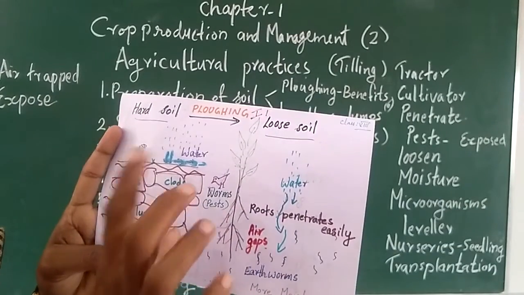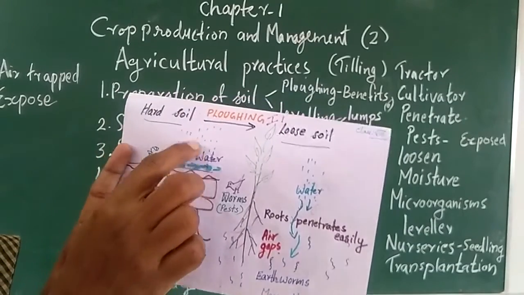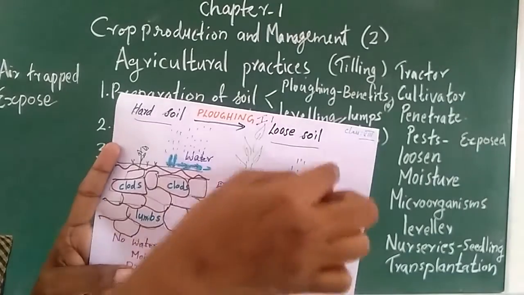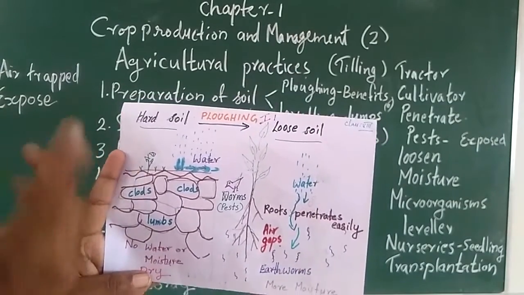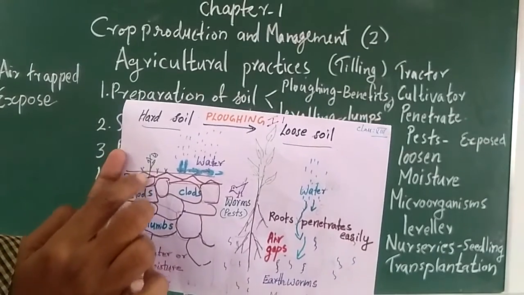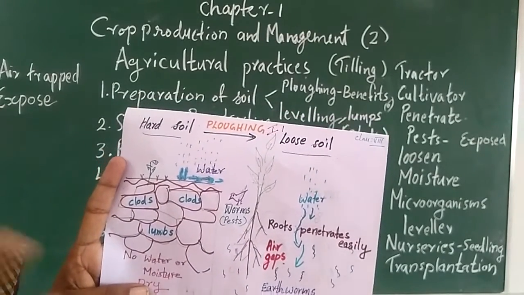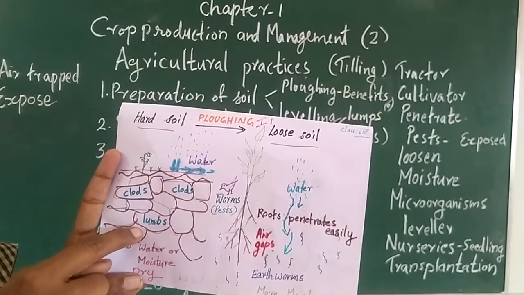And next, because of this hardness, water can't go under the soil. Whatever water is falling will just run away from the soil. And the plants can't grow very well because the roots can't penetrate the soil because of its hardness.